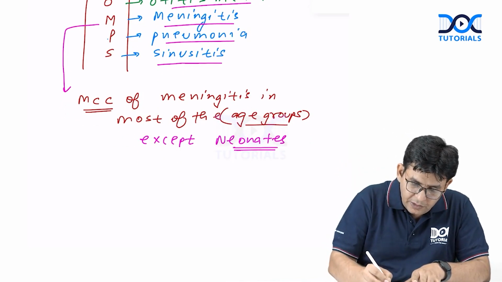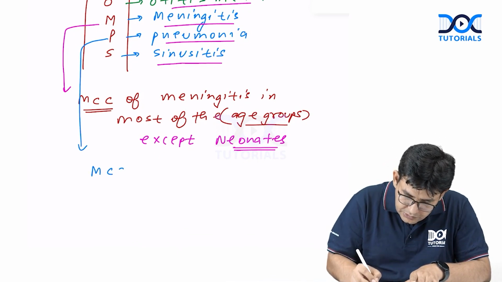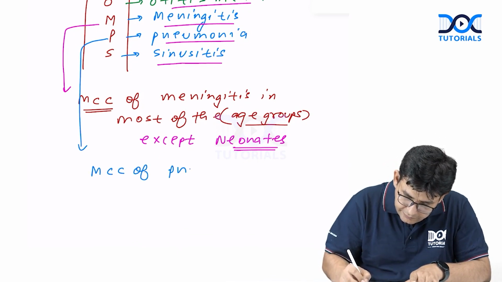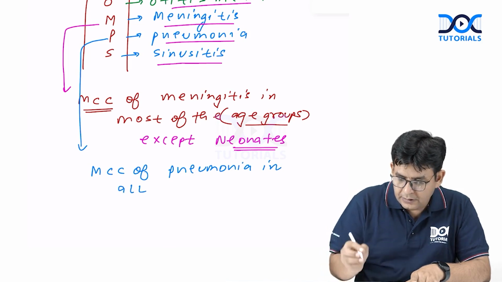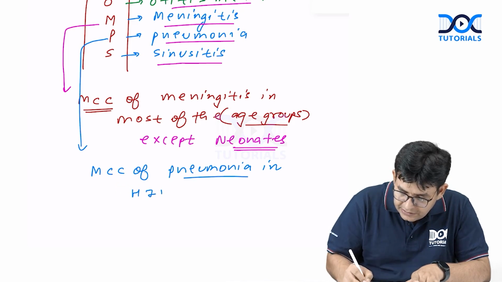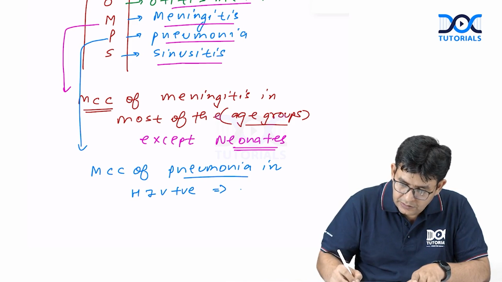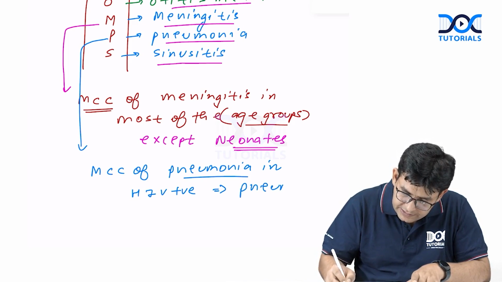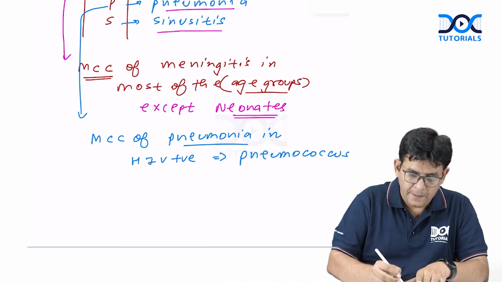Then, if we talk about the pneumonia part, the most common cause of pneumonia in an HIV positive individual. If somebody asks you this, the answer to this question is pneumococcus.